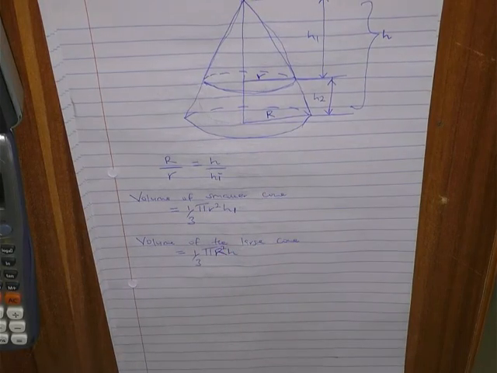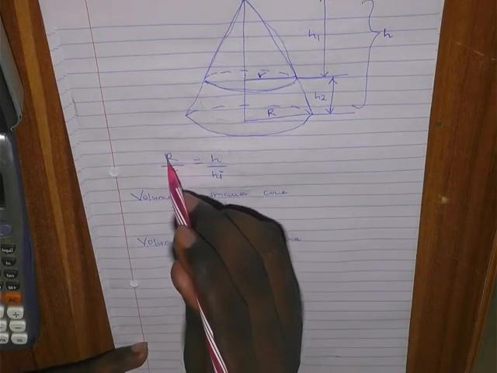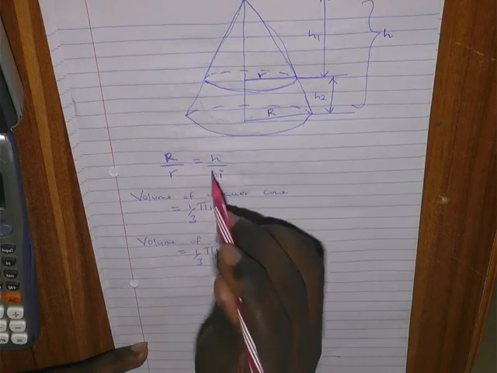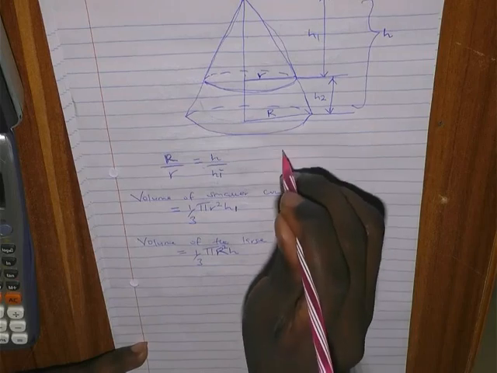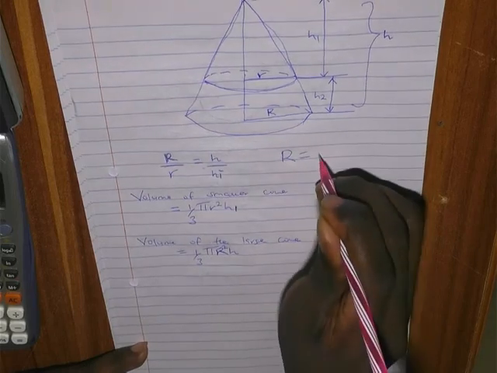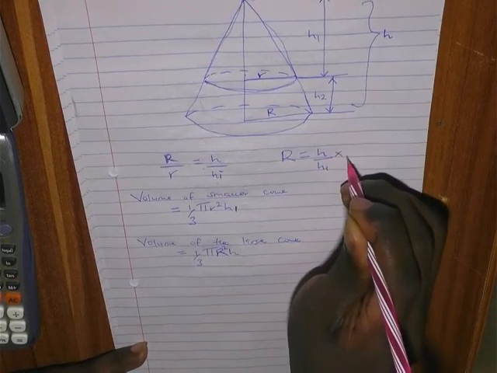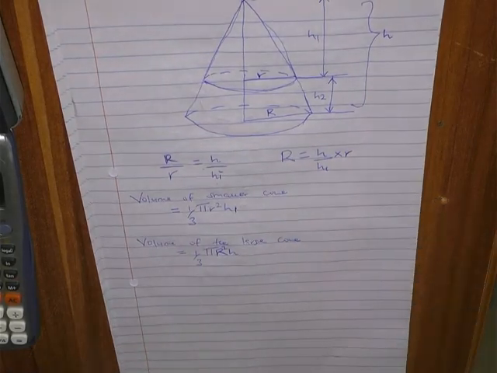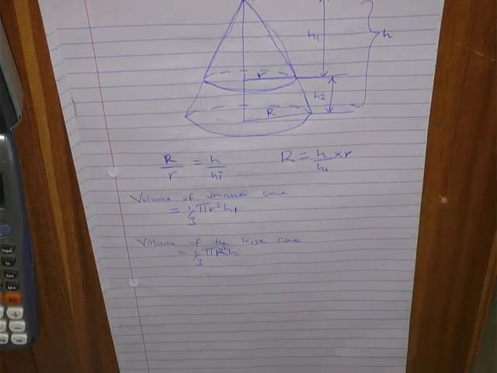Now since we have so many unknowns, we want to drastically reduce them. So we are going to say here we have capital R over r is equal to h over h1. So we can write capital R as h over h1 multiplied by small r. And we already know the value of h. It's the only value that is given, and the value that is given is 12.